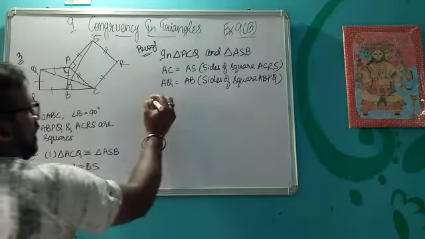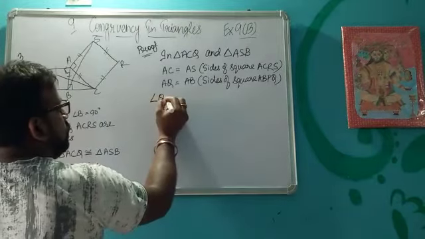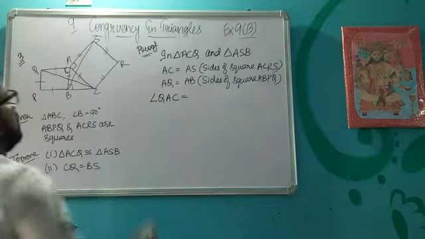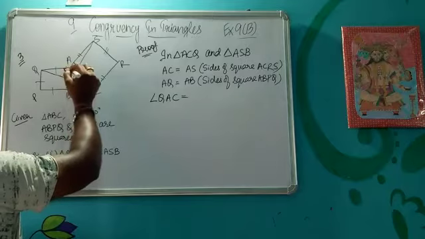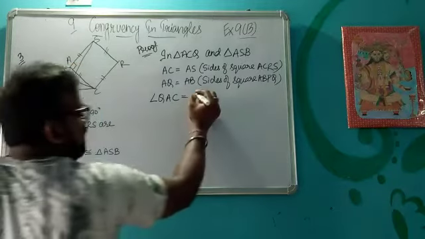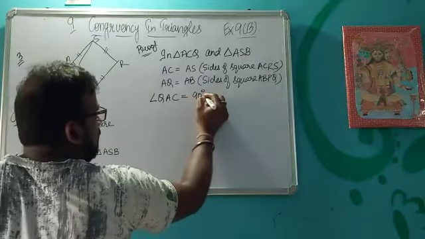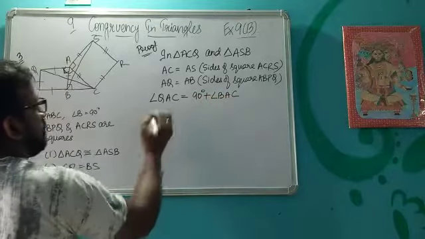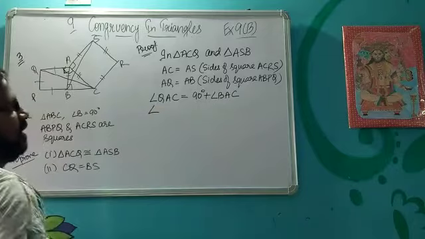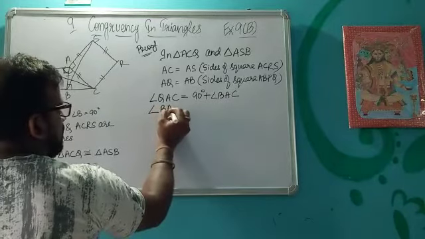So I will write angle QAC. If you see angle QAC, this is 90 and this is angle BAC. That means 90 plus angle BAC. Similarly, angle BAS.